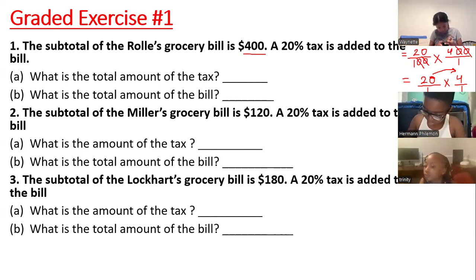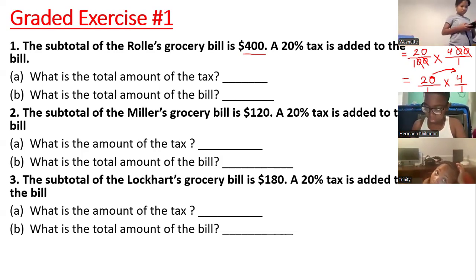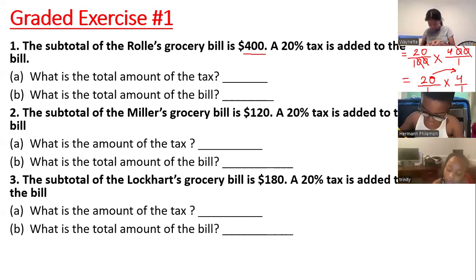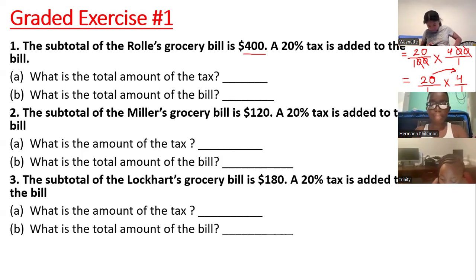Number 2, A and B is right. Wait a minute. No, Lincoln, you weren't supposed to cancel out all the zeros. You're only supposed to cancel out the 2 zeros at the bottom. You don't cancel the third one at the top for number 2 and 3.